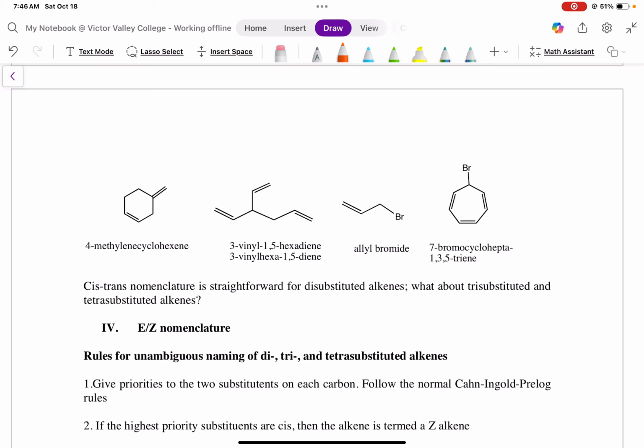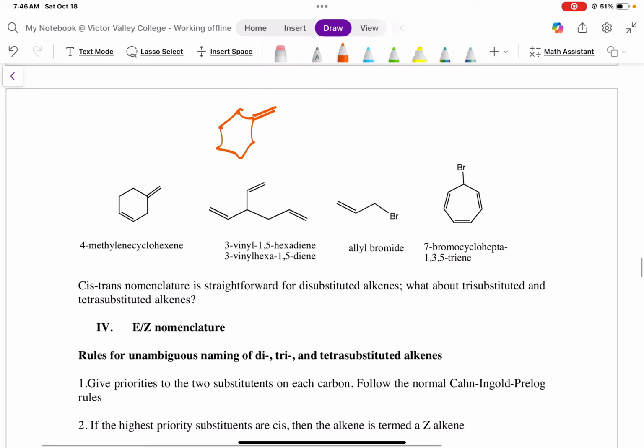We got a branch like that. So if you have this, that would be just cyclohexane. But what if you have a double bond? You know, it's hard. So we're going to call this one right here a CH2. So we can call it a methylene, a methylene cyclohexane.